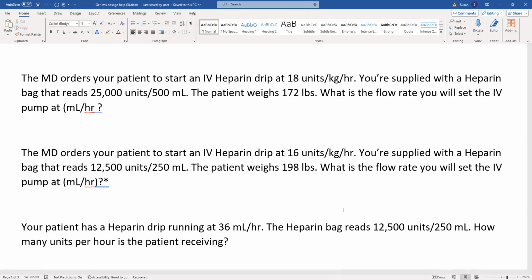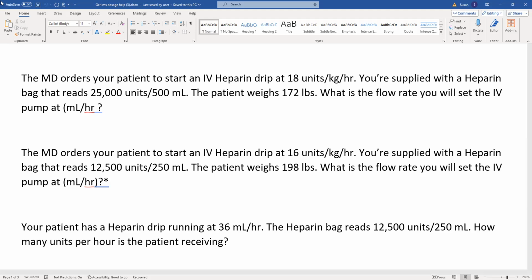Leave the whole thing in the calculator. So your desired dose is 1,407.27 and so on. Take that whole number and put it over what you have on hand, so you divide that by your 25,000 and then multiply it by your 500.